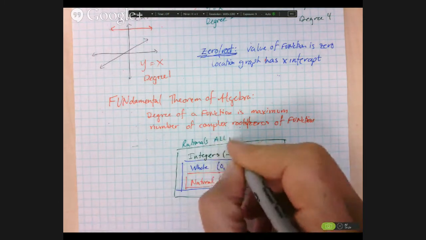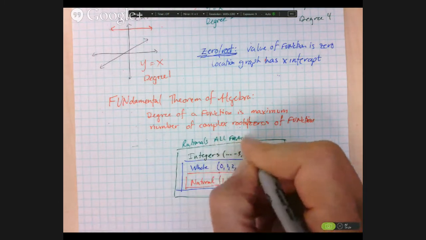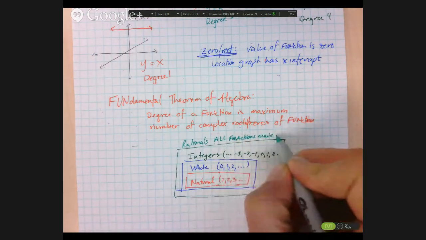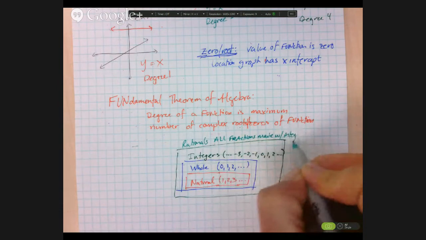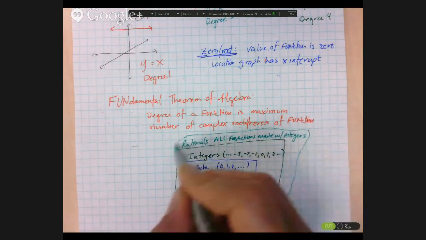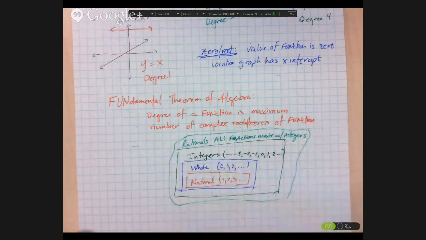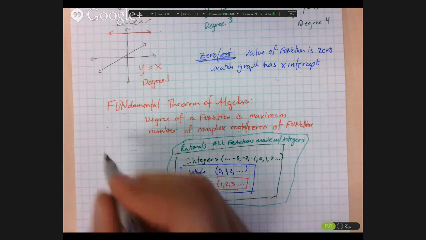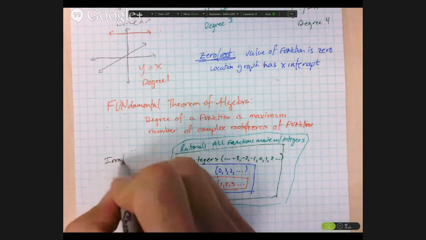I'll describe those as all fractions made with integers. Now, where are the irrationals? They're kind of outside here, huh? Because they don't make sense. Okay.